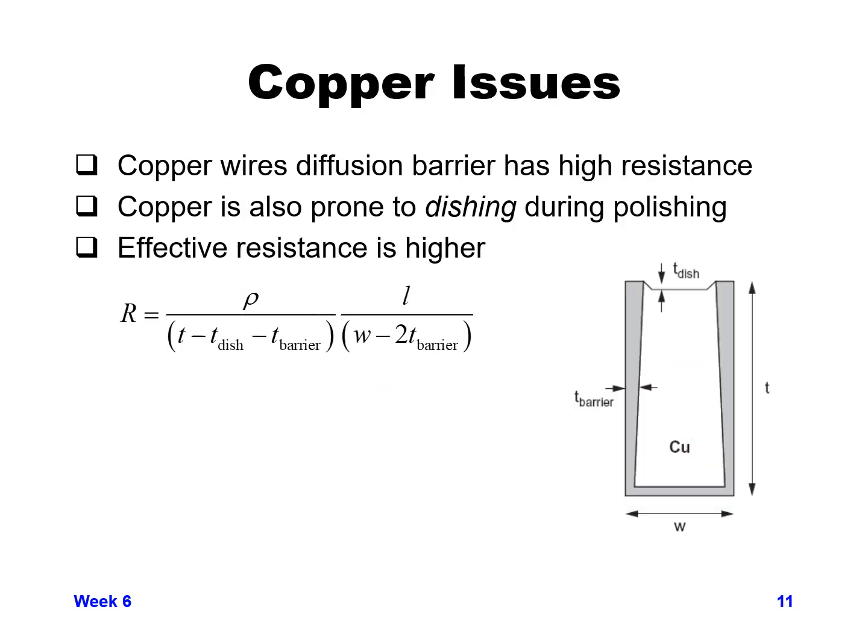Now, one of the issues that I did not mention last week when I was talking about process technology is that when you're using copper as a metal wire and you're using the Damascene process, we have this barrier between the copper and the silicon that's a different metal type. The thing to keep in mind, which I didn't mention then, is that this diffusion barrier actually takes up some of the width of your copper wire, and it has a much higher resistance than copper.